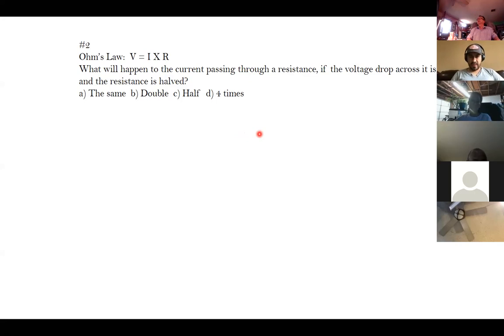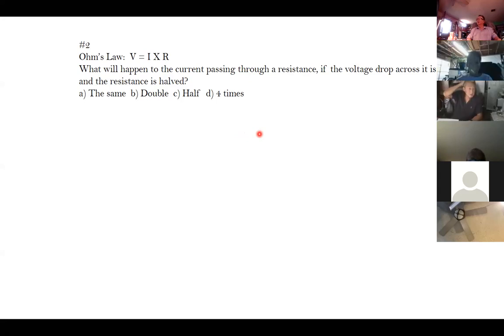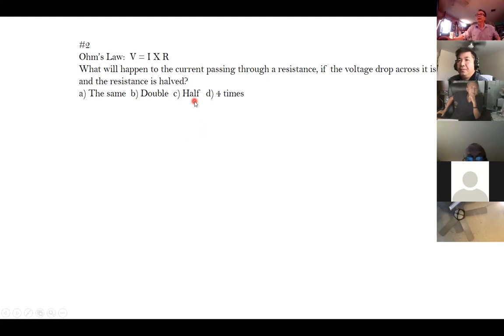B. A. If the voltage drop doubles, 4 times. Double means 2 times. I believe that will be C. A. C. Cannot be the same. Drop. C. Is it B?